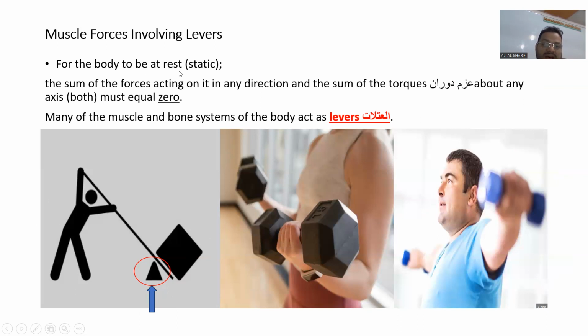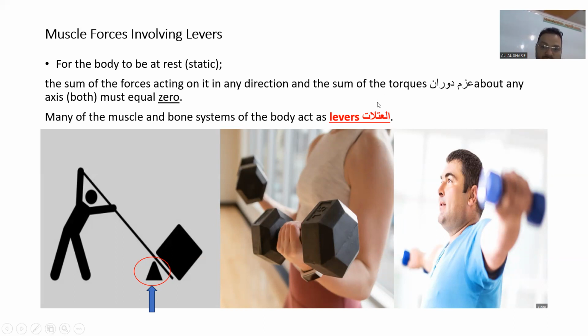For the body to be at rest, static, the sum of the forces acting on it in any direction, and the summation of the torques about any axis, must be zero. Many of the muscle and bone systems of the body act as levers.